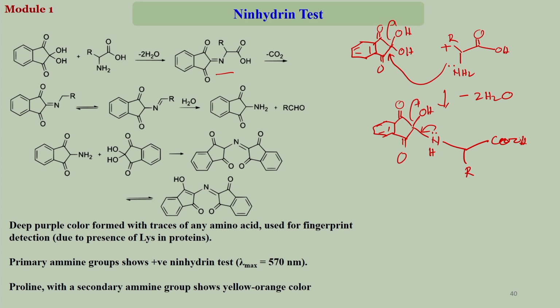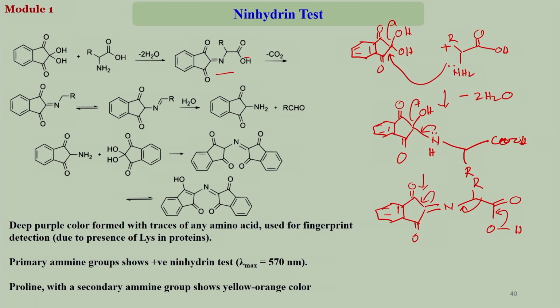and that gives you this structure, a double bond. And then you have a carboxylic acid, so it gets decarboxylated. If you have OH, I will draw it here. This goes, it comes back here.